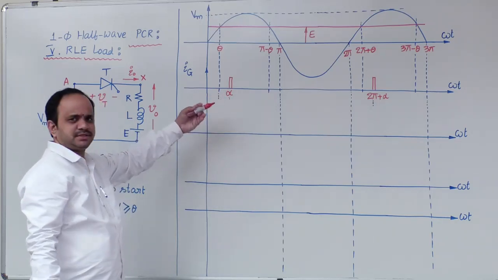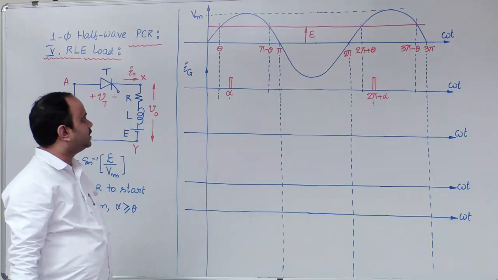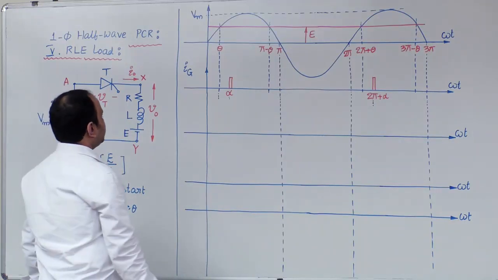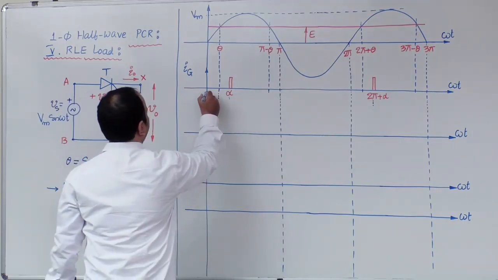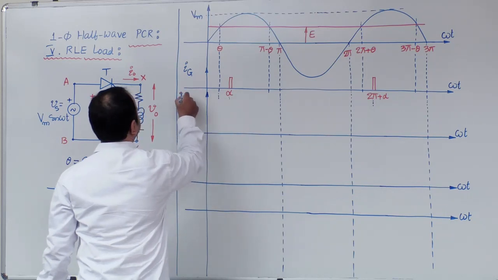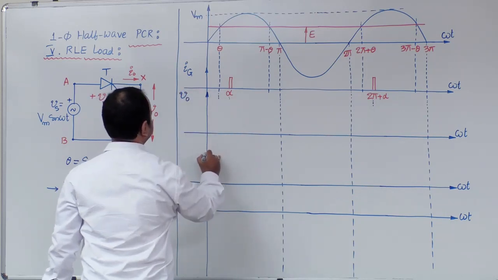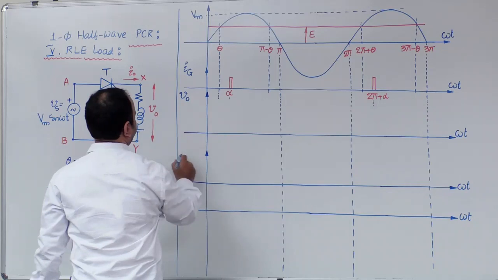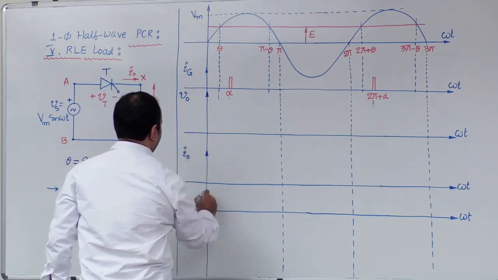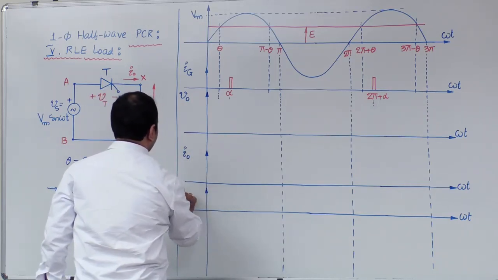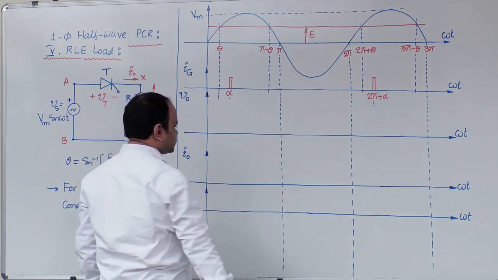In fact, the previous waveform lines only I would like to continue. So in this particular case, what waveforms are of interest for us? Output voltage, output current and voltage across the device.